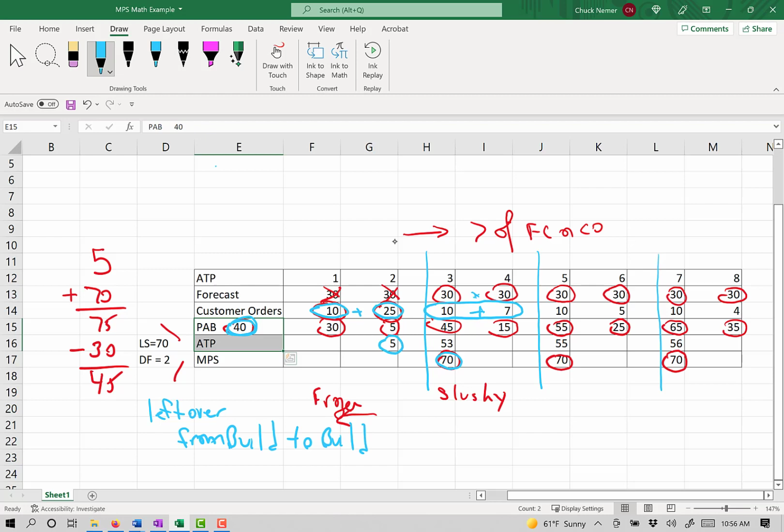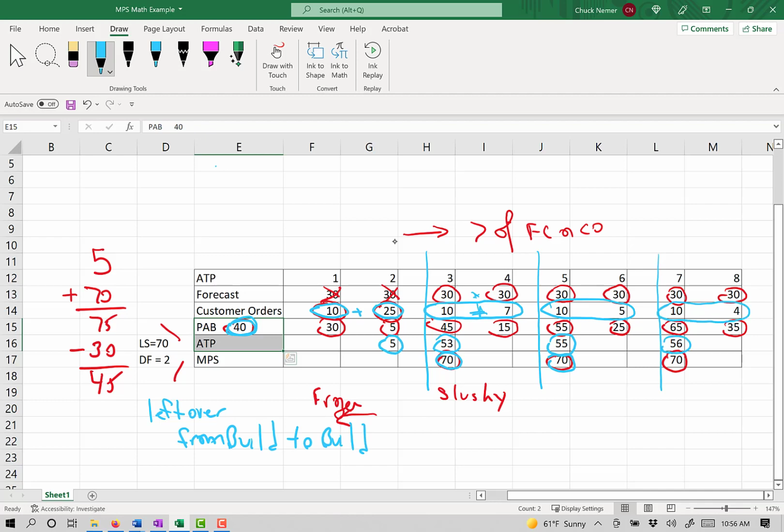Absolutely. But we're only looking at actual customer orders so we can make promises to the customer. So out of that 70, I have orders for 17, or 53 left out of that 70 available to promise to customers. Period 5, I have 70 available. I have actual orders for 15. So out of that build, 55 are available to promise. And out of the last 70, I have orders for 14 and 56 are available to promise.